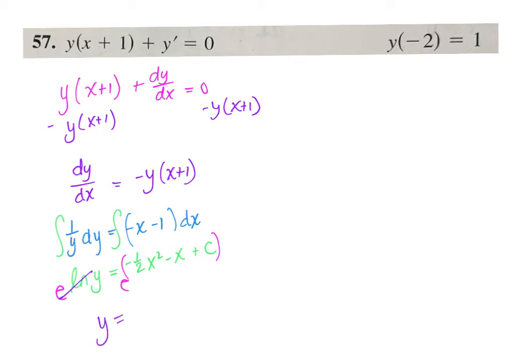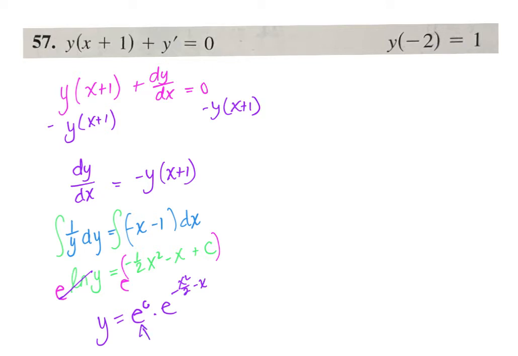On the right-hand side, remember if you have addition, it's just like e to that power times it. So you can say e to the c here times e to the negative x squared over 2 minus x.